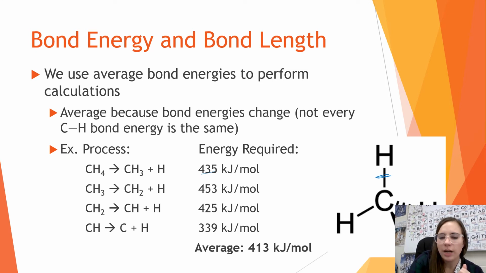Then the energy required to break the second one is 453, the third one is 425, and then the fourth one is 339. So then what we do is we take an average, and so scientists studied multiple different molecules of the same type of bond and then came up with an average.